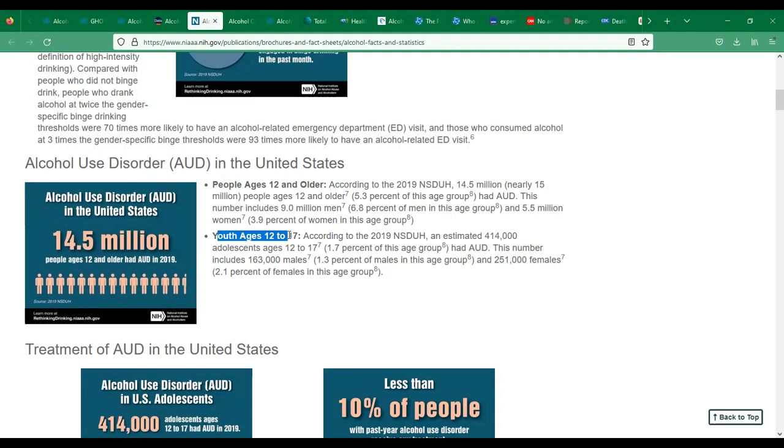Youth ages 12 to 17: an estimated 414,000 between 12 to 17 years old had alcohol use disorder at that age.